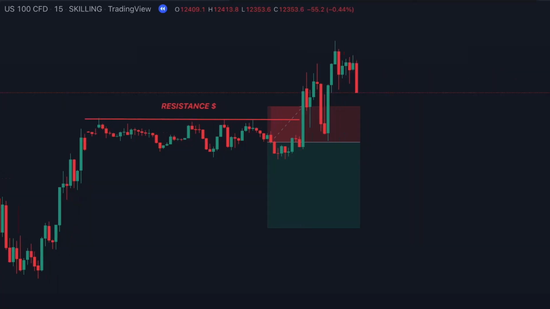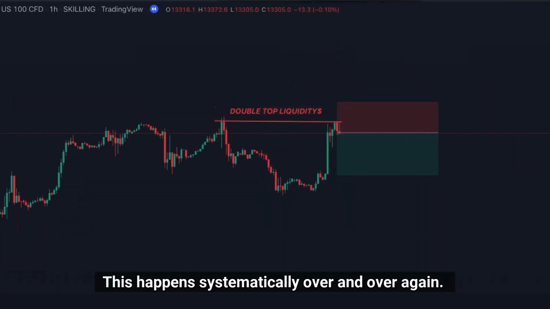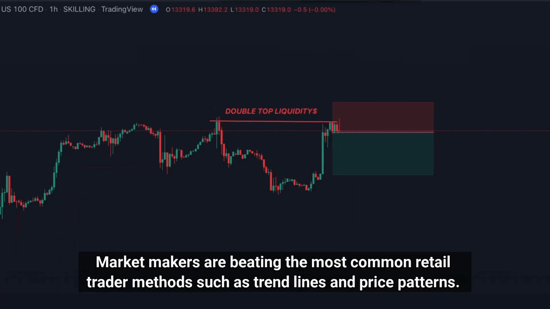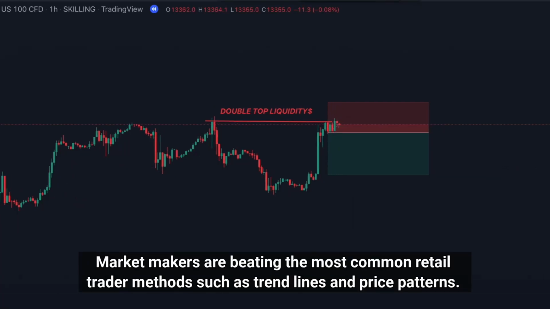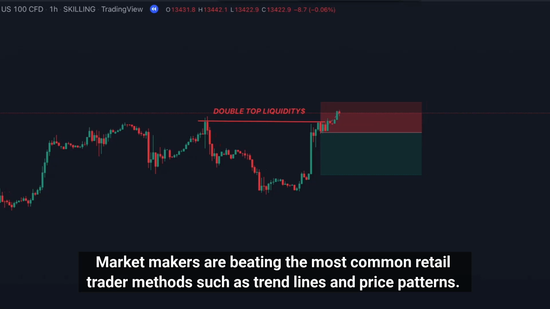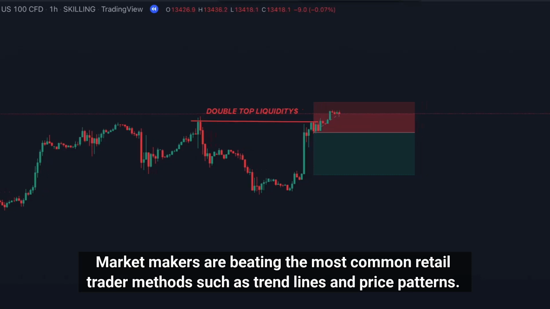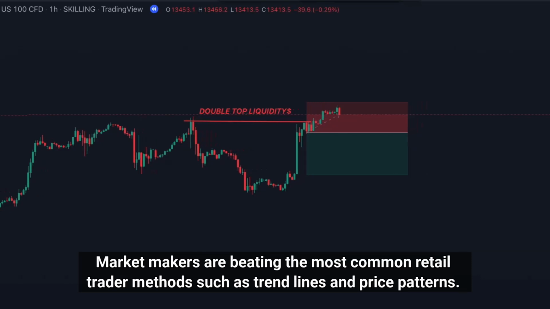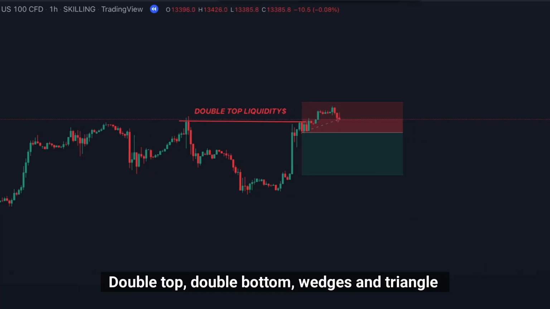This happens systematically over and over again. Market makers are beating the most common retail trader methods such as trend lines and price patterns: double top, double bottom, wedges, and triangles.